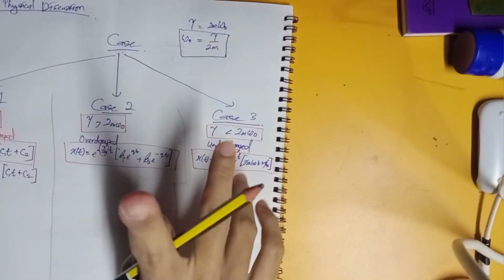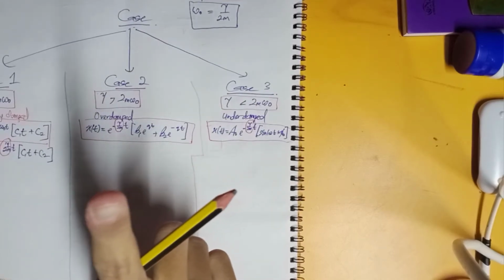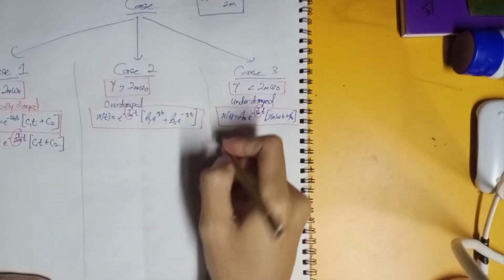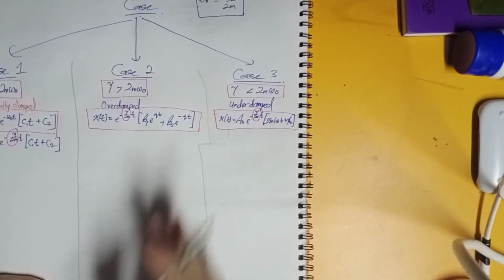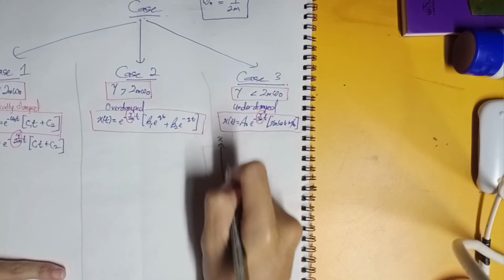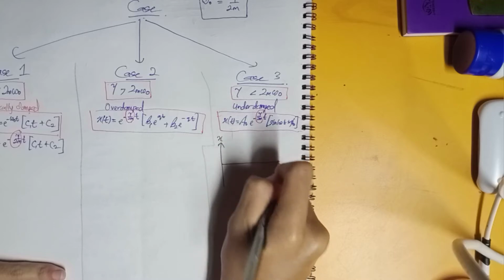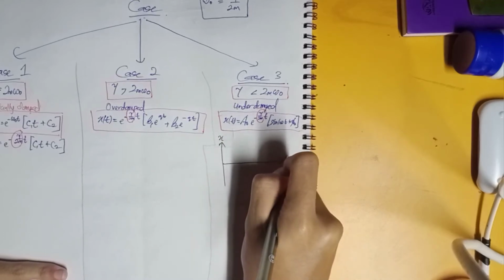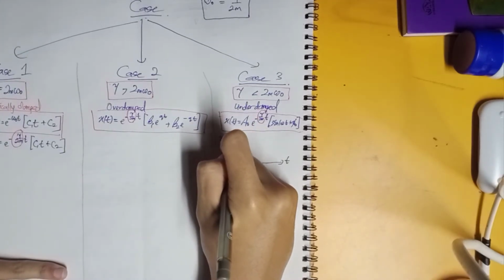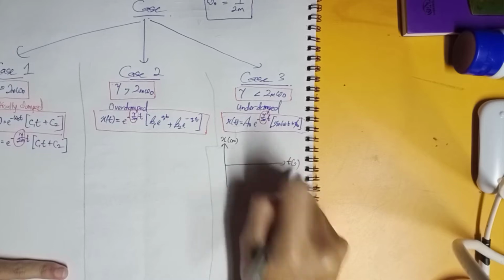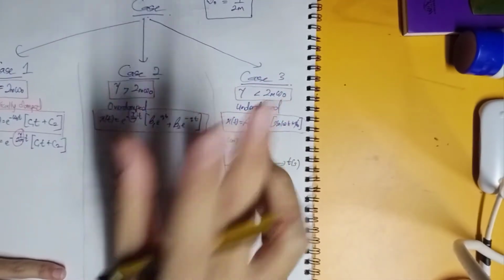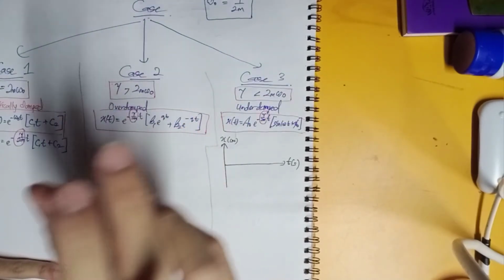Before that, I'm going to show you what it looks like for the simple harmonic motion case. Here we have a graph, and here is x, and over here is t, with x in centimeters or maybe meters, and t in seconds. For simple harmonic motion, it oscillates non-stop and there is no dissipation of energy.